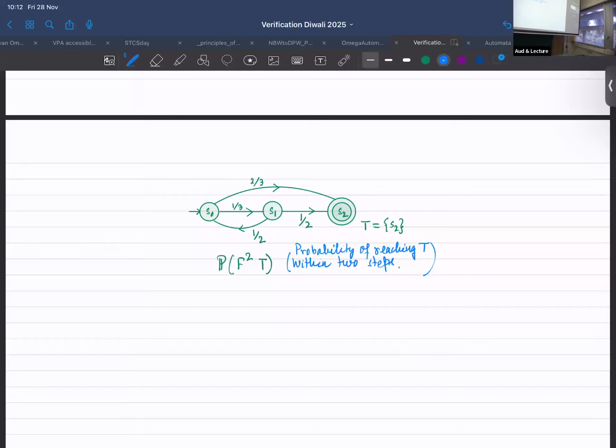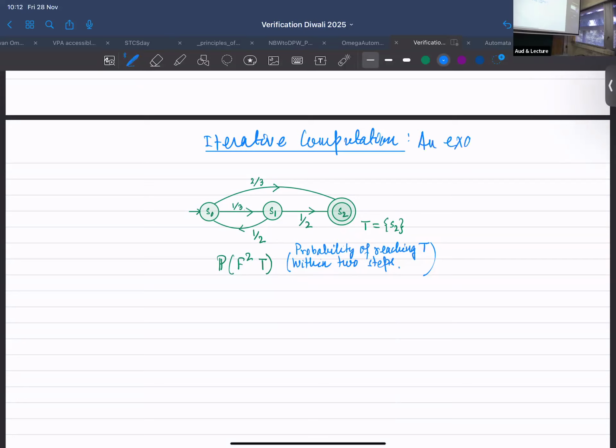This is an example of iterative computation. I just want to make sure that we understand well. So when I write F2, it means in at most 2 steps. Can you compute this?